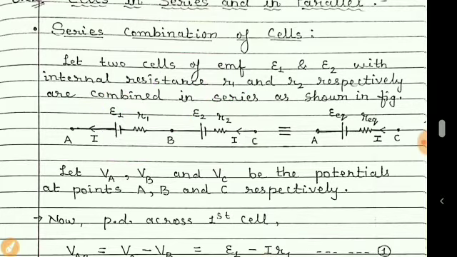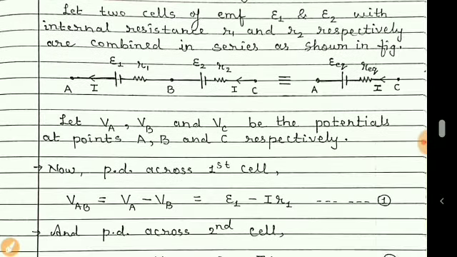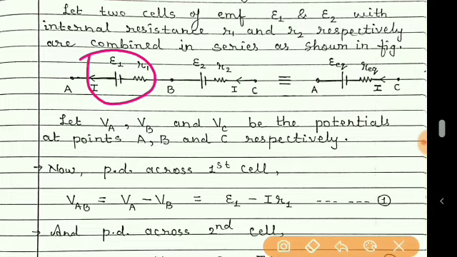Now suppose we consider the first cell, which is across points A and B. Current is moving in this direction. You can see the positive of these cells are towards the left side for both the batteries, and so we know that current will move in this direction.